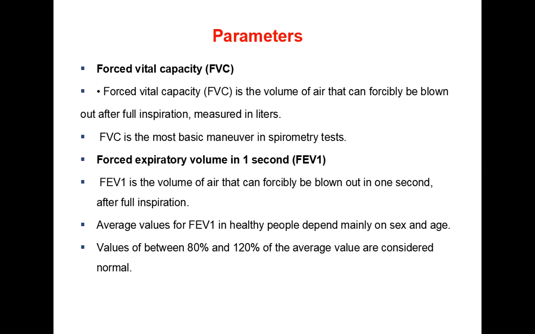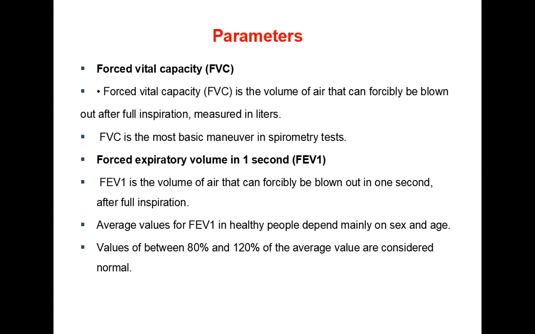Forced expiratory volume in 1 second is the volume of air that can be forcefully blown out in 1 second after a full inspiration. Average values of forced expiratory volume in 1 second in healthy people depend mainly on sex and age. So values between 80% and 120% of the average value are considered normal.